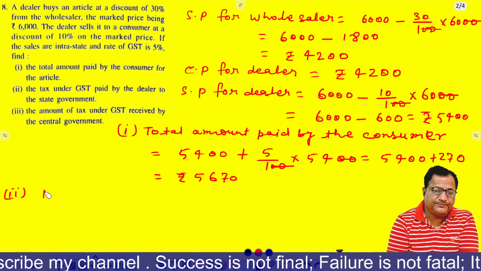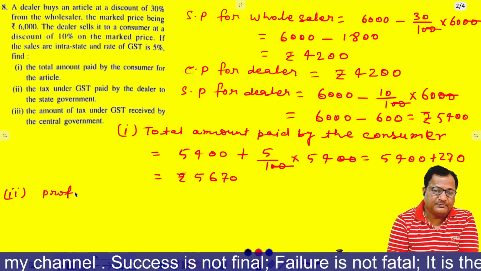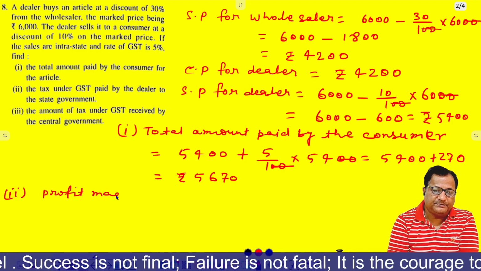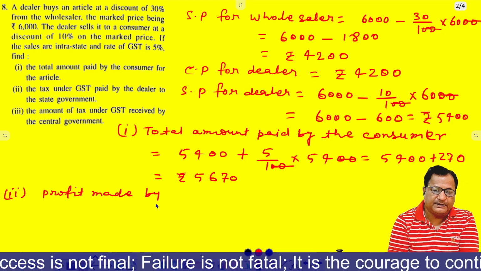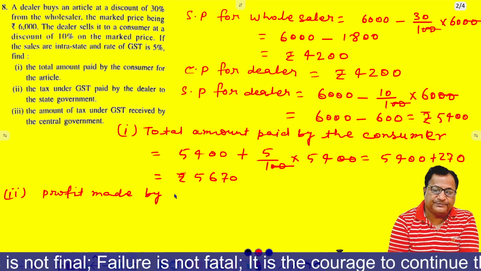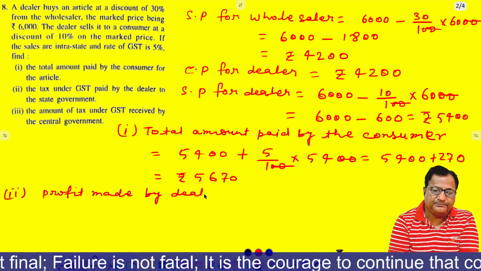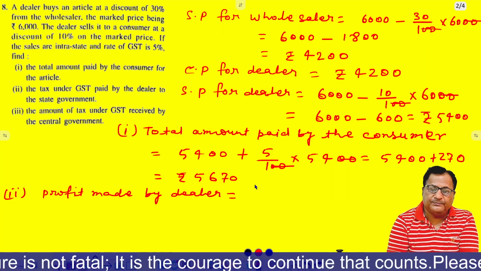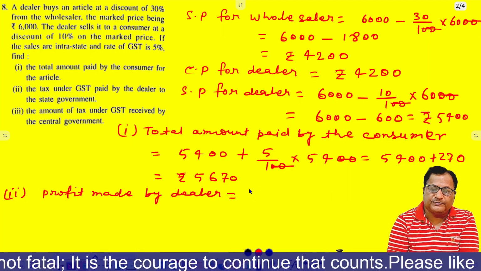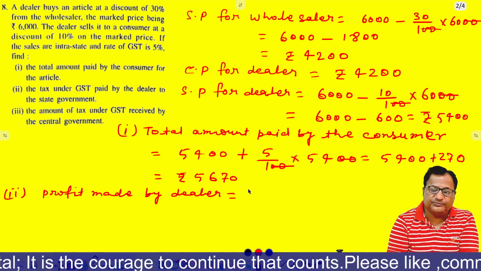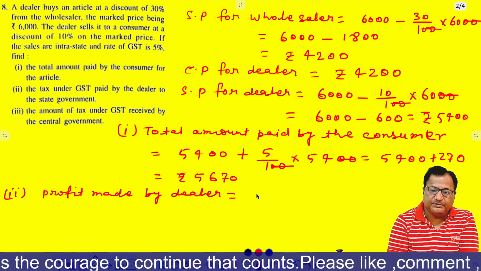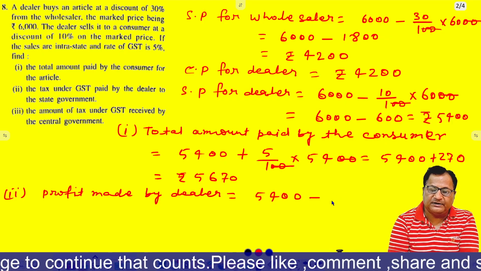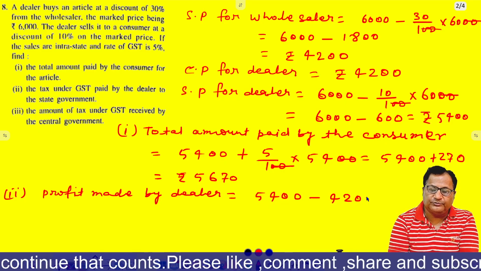First we'll find the profit made by the dealer. It is equal to the SP for the dealer minus the cost price, 5,400 minus 4,200.